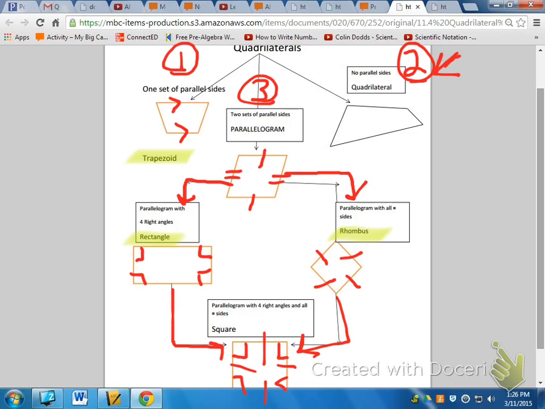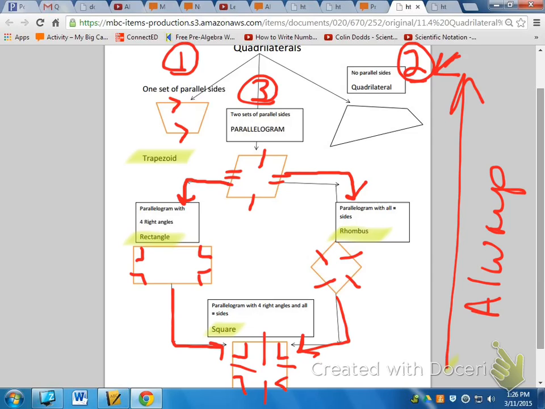Now, when you're answering those always, sometimes, never questions, there's something I want to tell you about this flow chart. If you are going from one of the shapes at the bottom of a strand up, the answer would be always. For example, a square is a parallelogram, always. A square is a rhombus, always.